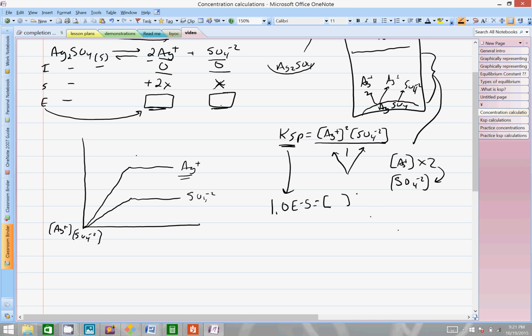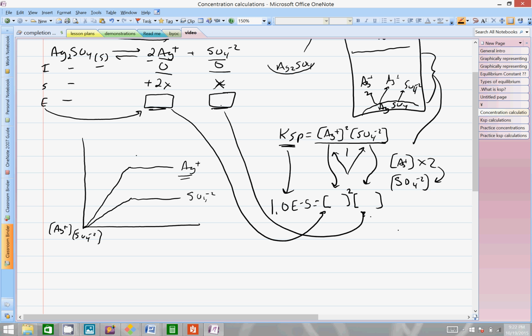Now this guy is representing the silver ion concentration. This guy is representing the sulfate ion concentration. This one is squared. When I want to put these concentrations in, this box represents this box, and no matter how it works out, those pieces of information are the same as this.